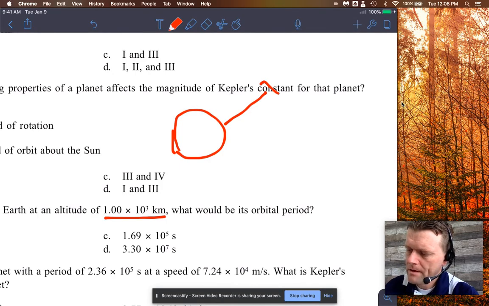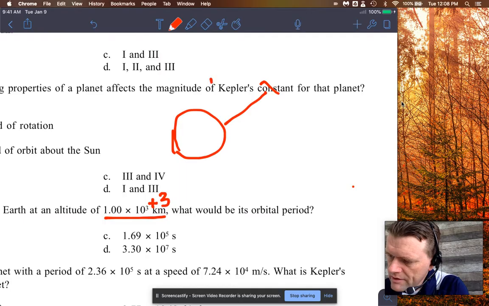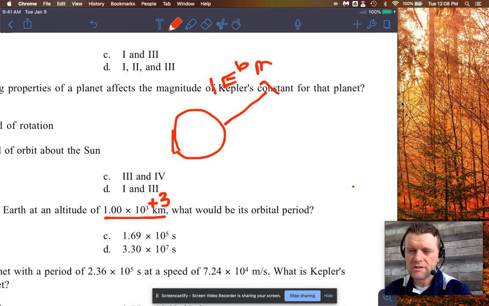A shortcut is you take 1,000 kilometers and times it by 1,000 to get it into meters. One way you can do that with exponents is just add 3 to the power, because it's 3 powers of 10, or 1,000. So this distance here is really 1 times 10 to the 6th meters. And that's the distance out.